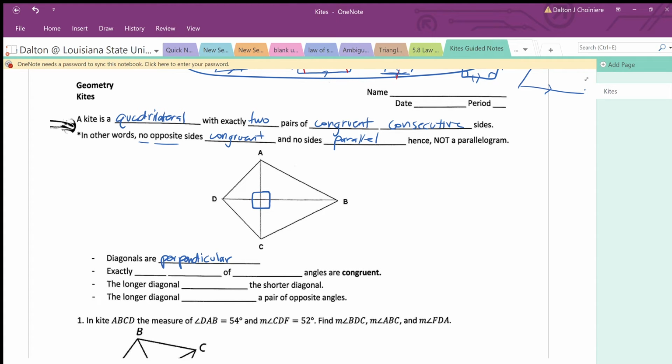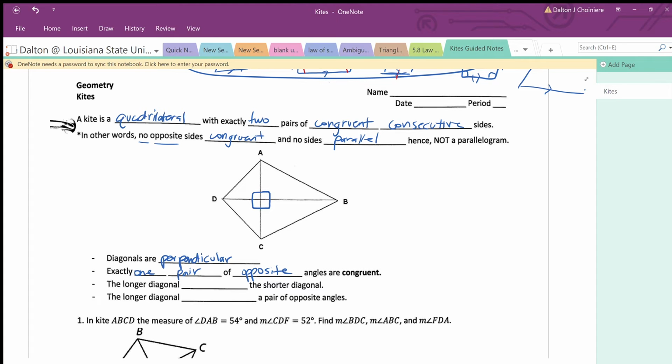The second quality of a kite is that exactly one pair of opposite angles are congruent. So only one of its pairs, so either A and C are congruent to each other, or B and D are congruent to each other.